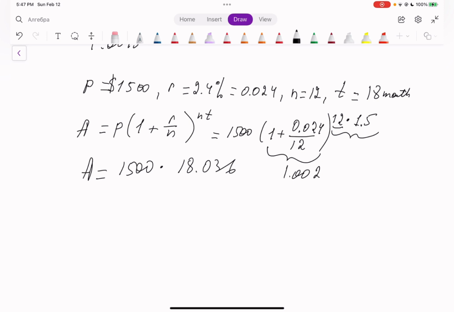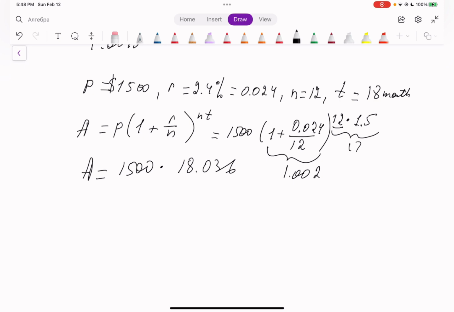Something, we did something wrong. Okay, one more time. Let me do the math one more time. 0.024 divided by 12, 0.002 plus 1, 1.002. Okay, so 12 times 1.5 is going to be 18.